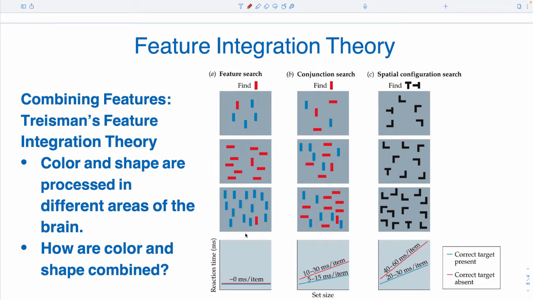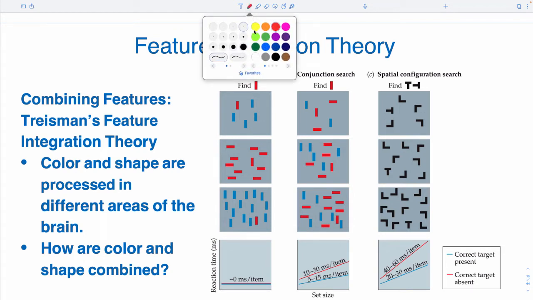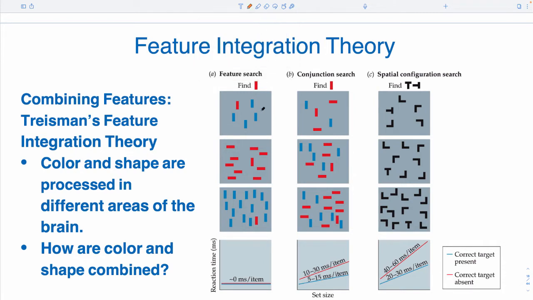So we can learn about how features pop out by putting a feature in an area against a particular type of background and sort of seeing where and how people find it, right? So first we're going to do this feature search. So we're going to just focus on this column.